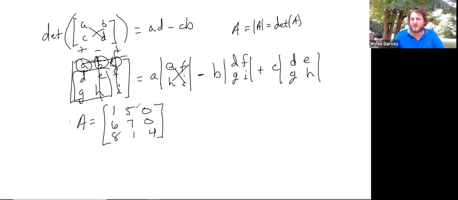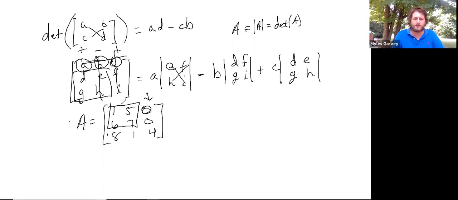But remember what I said. You want to pick a row that has the most zeros, or a column, whichever. In this case, we have 2 zeros here, and that makes it easy. It makes it easy because we have 0 times the determinant of this, which is just 0, and 0 times the determinant of this, which is just 0. Which means the only determinant we need to find is this submatrix here, and multiply that by 4.